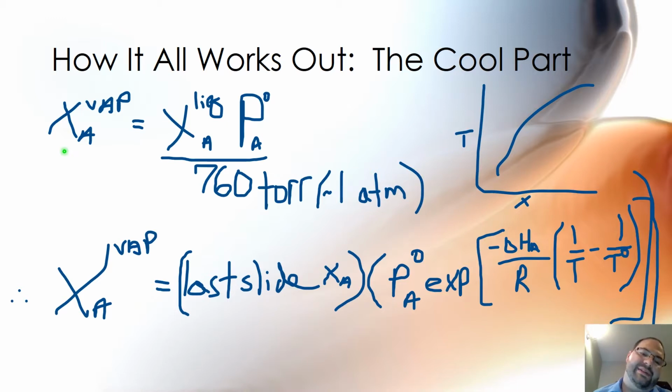And what it boils down to is that the mole fraction of the vapor for the component A is equal to the mole fraction of the liquid for component A multiplied by the partial pressure of the pure component A at that temperature divided by the atmospheric pressure, which would be the atmospheric pressure for the normal boiling point, which would be either 1 atmosphere or 760 torricellis.